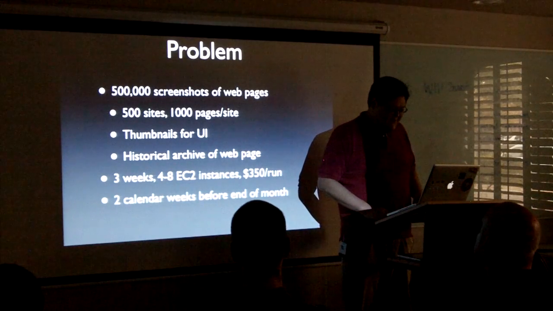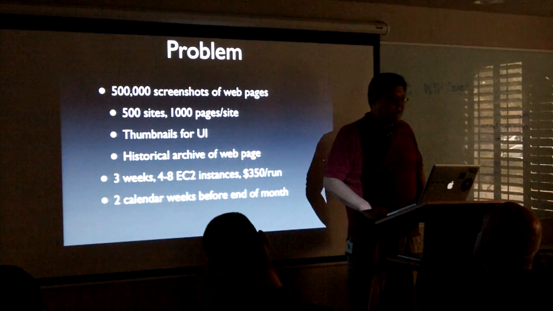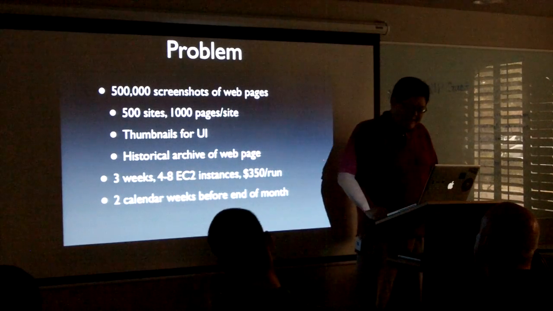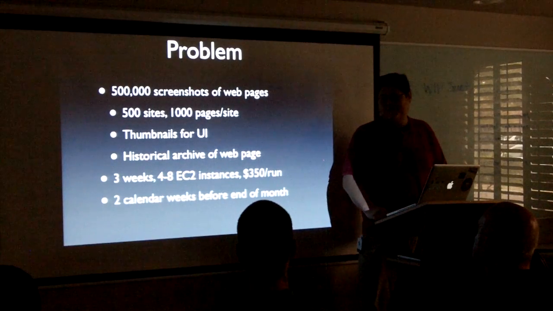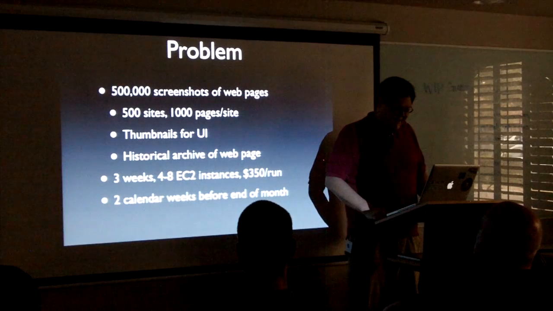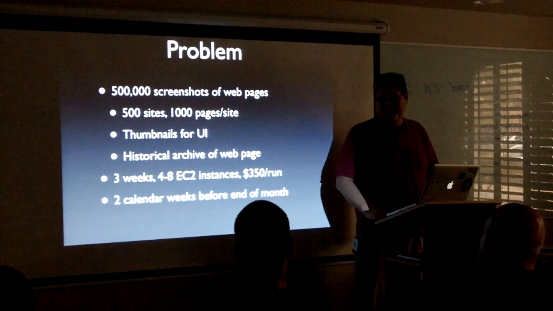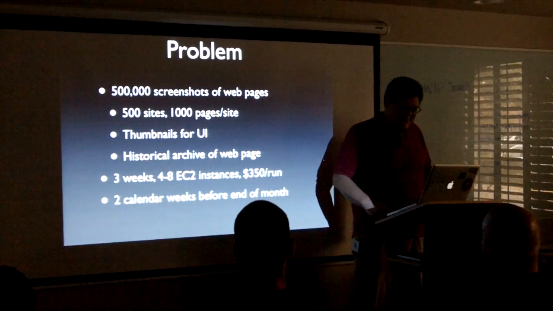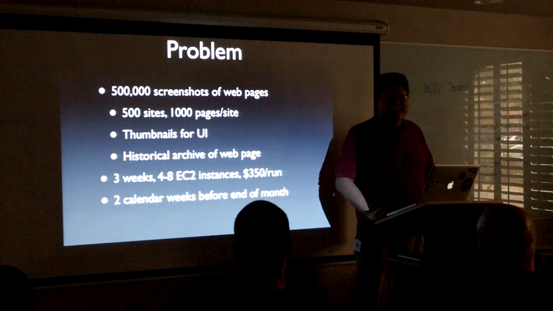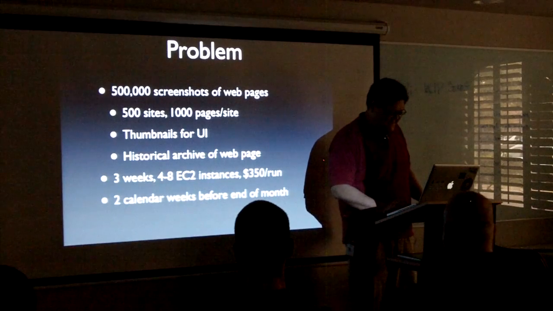When I was running this, it took about 3 weeks, and I was running between 4 and 8 EC2 instances, and it was about $350 for us to run through all that. The problem was that I had 2 calendar weeks before the end of the month, and I had to finish it by then. So I was like, okay, what am I going to do? I guess it's time to actually use PhantomJS.